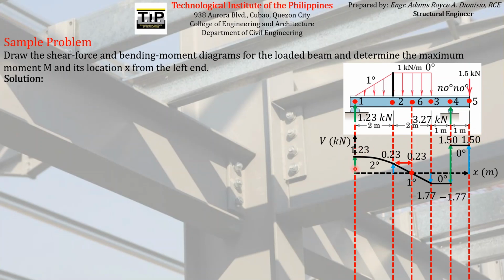If you just look at the ordinate of the graph, you can see that the maximum ordinate that we have is actually 1.5, meaning the maximum shear force acting on the whole span of the beam is 1.5 kilonewton. And where exactly does this maximum shear force act? It acts all the way from 0.4 to 0.5 according to this graph. It has a constant magnitude of 1.5 kilonewton between 0.4 and 0.5.